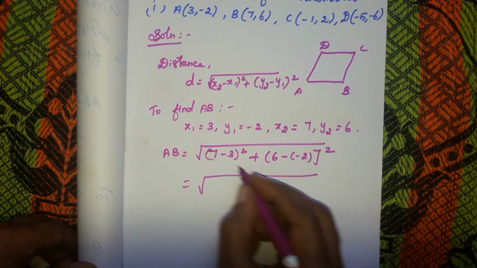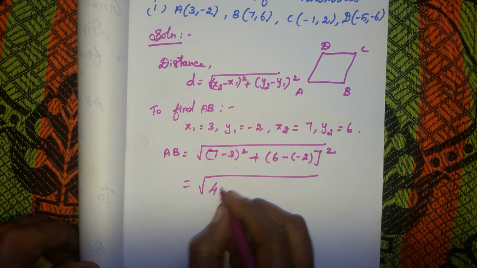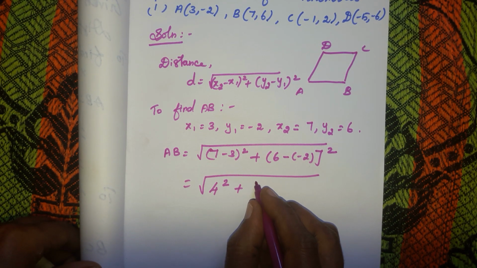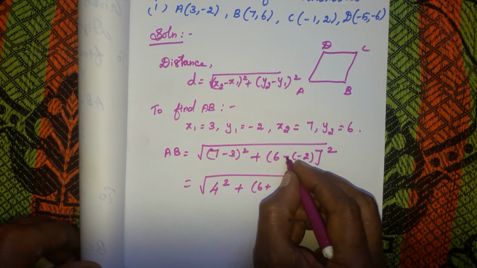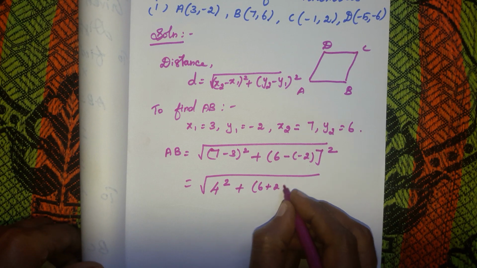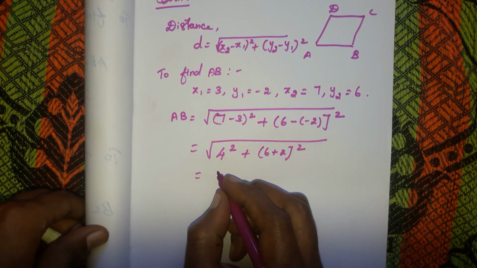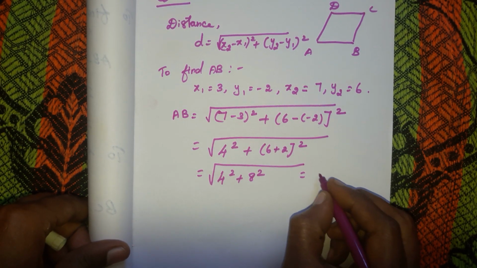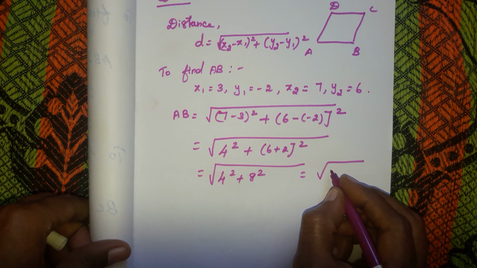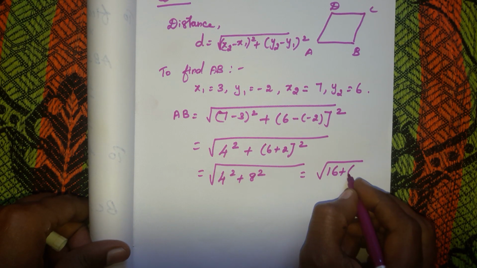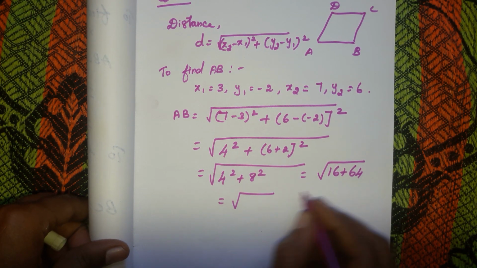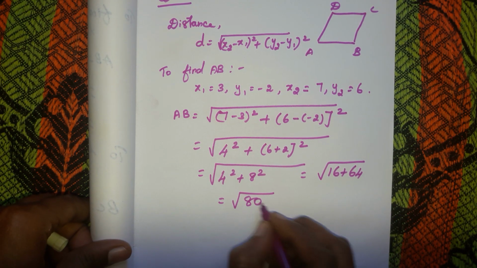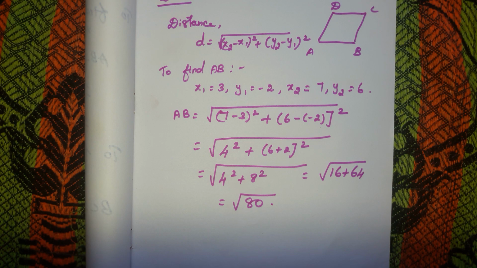That is root of 4 square plus 8 square. 4 fours are 16, 8 eights are 64. 16 plus 64 is 80. AB is equal to root 80.